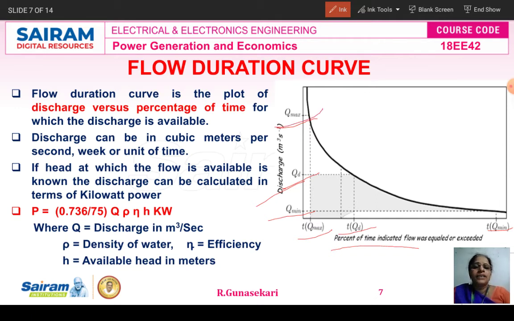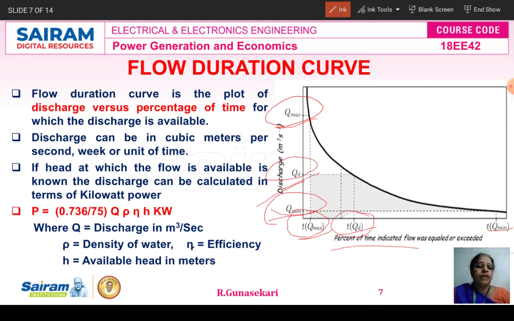Q max is nothing but the maximum discharge available in the power plant. Q minimum is the minimum discharge. QD is nothing but the design flow of the hydroelectric power plant. Then T at Q max is the time at the time of maximum discharge.